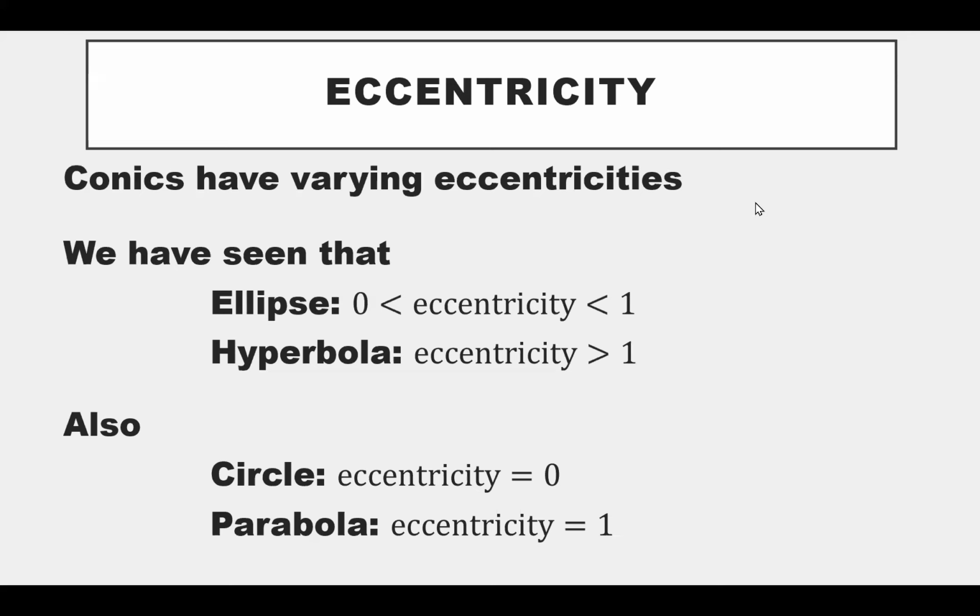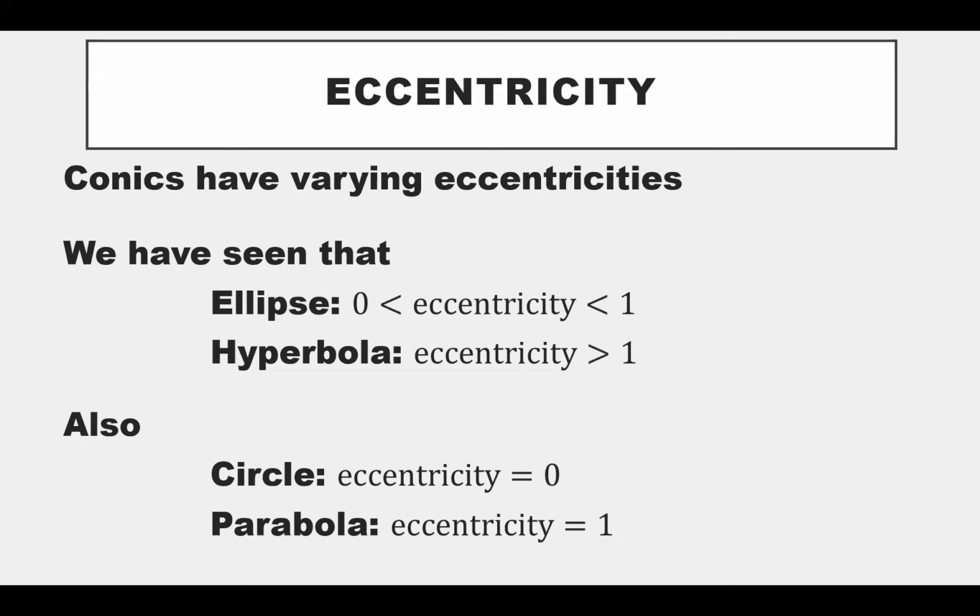Now the last concept that I'm going to talk about in this section is the concept of eccentricity. Remember we said conic sections have differing eccentricity. We've seen that in the ellipse, the eccentricity is always between 0 and 1.